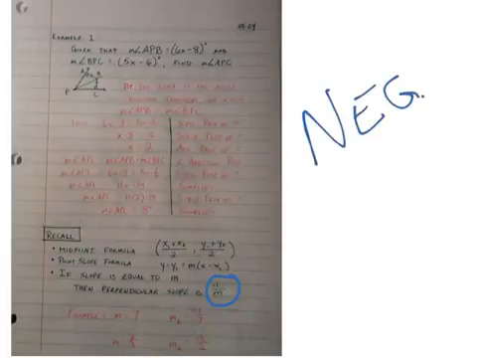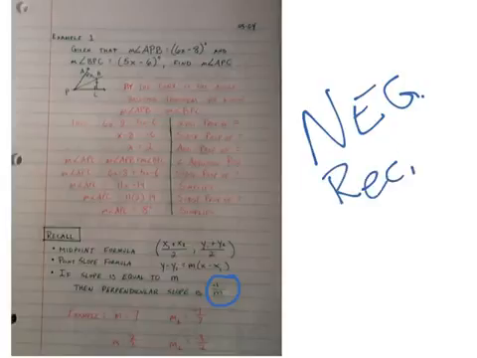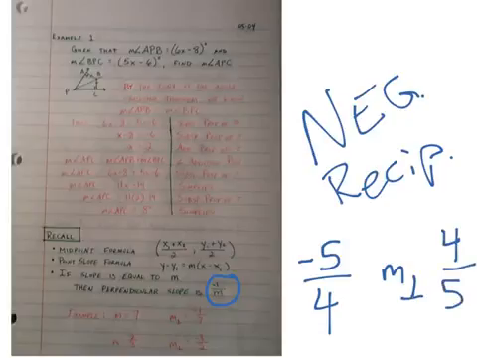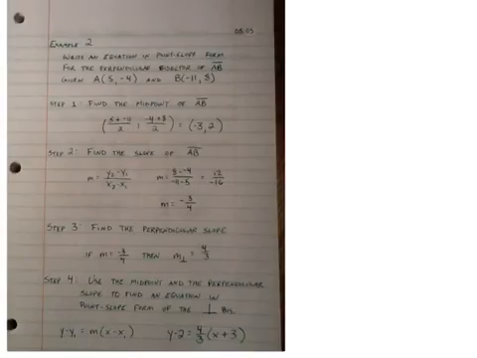Negative reciprocal. Now, if we had a slope of negative 5/4, then the perpendicular slope would be 4/5. And on to the next example.